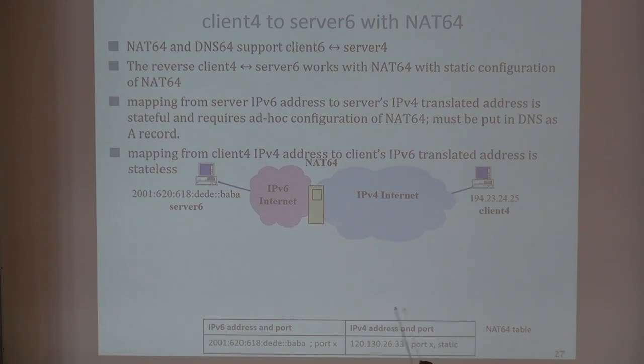But what do you do if you have the reverse direction, or if you want to do Skype? If both are clients, you want to do Skype from an IPv6 only machine to IPv4, right? We'll talk about that next week. In that case, you need some additional trick.